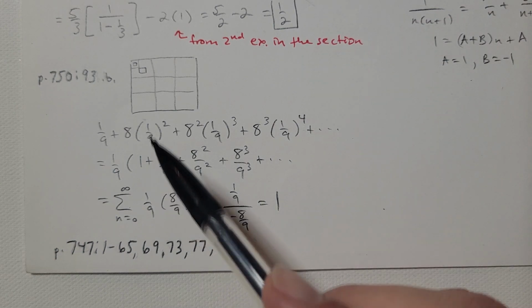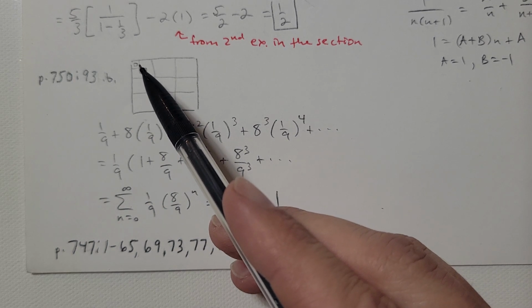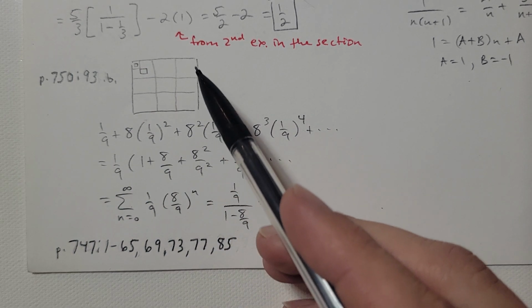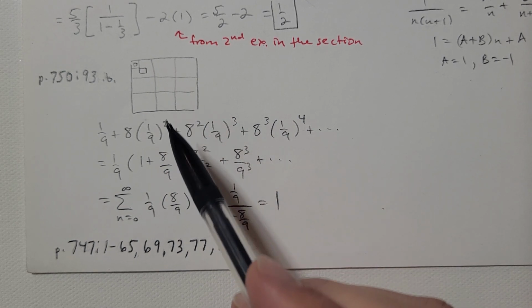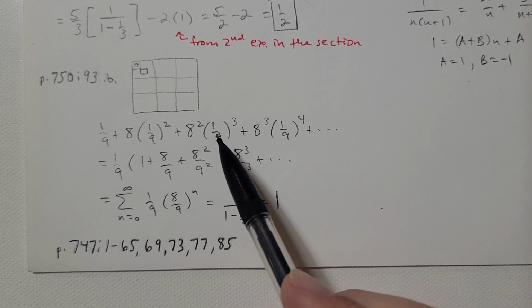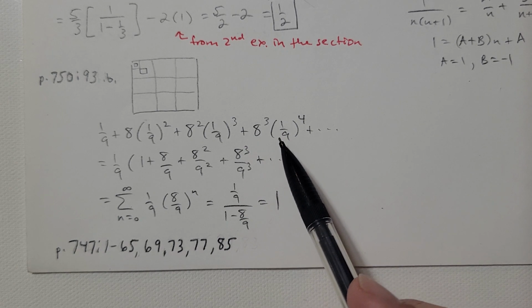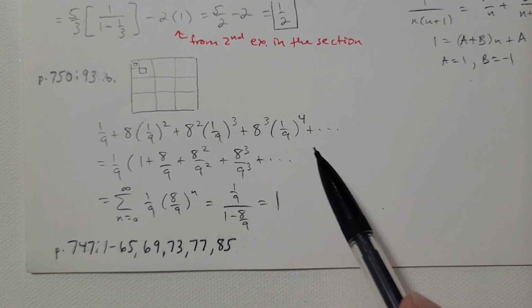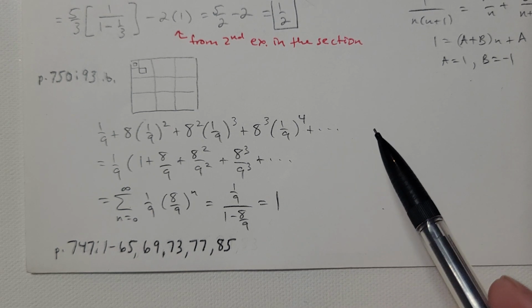And I've got 8 squared, which is 64, of these squares that I'm removing around the center. So the next term would be 8 squared times 1/9 cubed, plus 8 cubed times 1/9 to the 4th, plus 8 to the 4th times 1/9 to the 5th, plus etc.